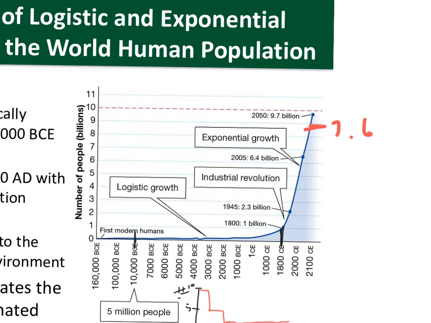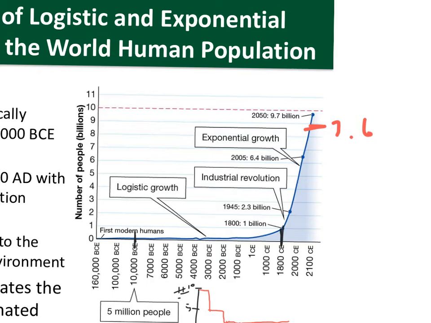We're actually getting better at producing food for the population. So we had a green revolution starting in the 60s and 70s, and that has continued. And so our population is still growing, kind of like an exponential, but there is some sign that the population is actually slowing down.